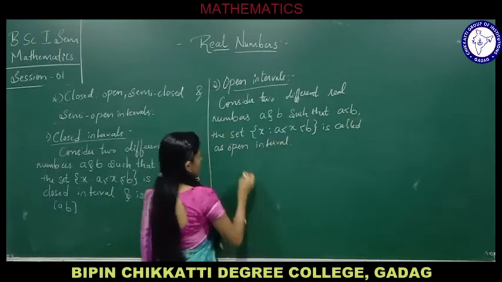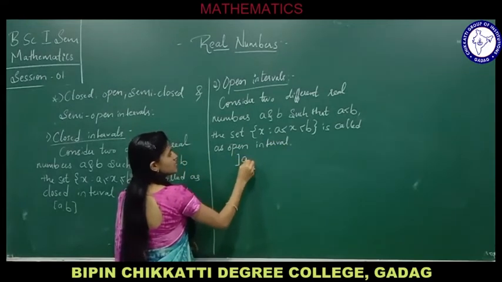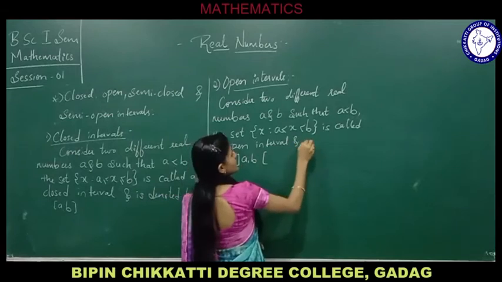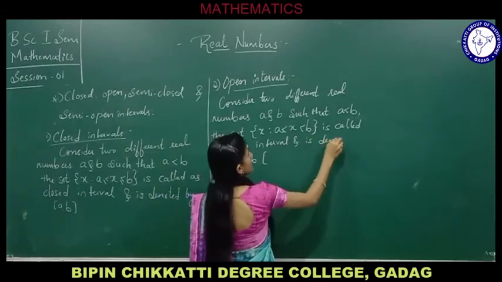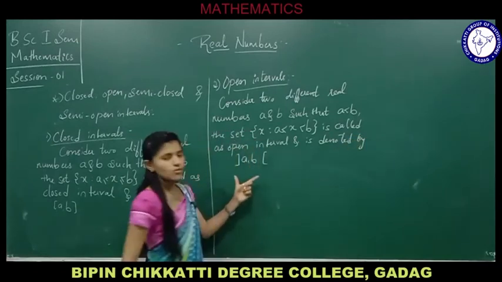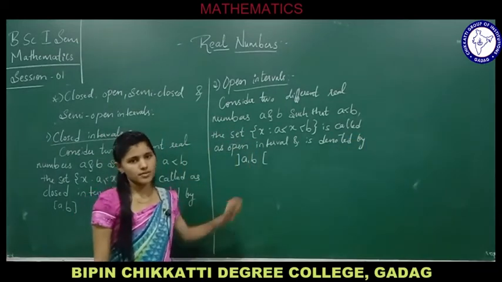It is written as the open interval a comma b and is denoted by this open interval a comma b.